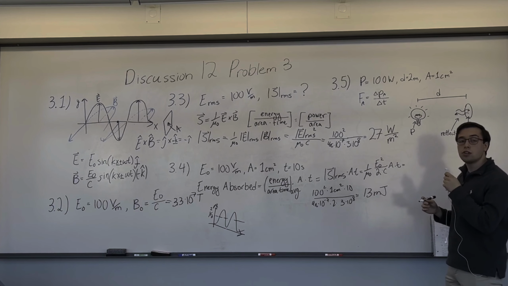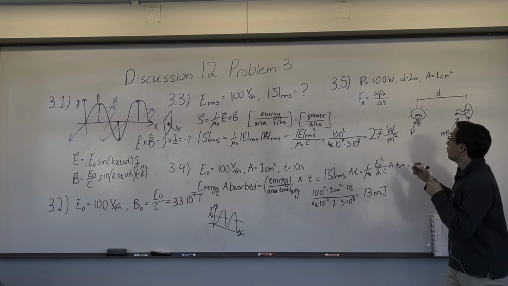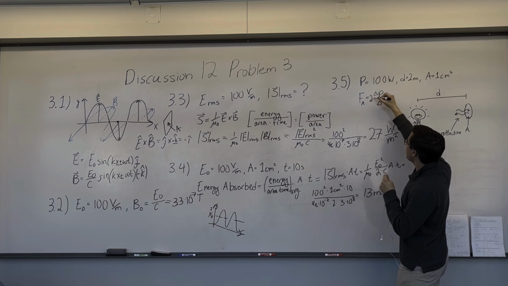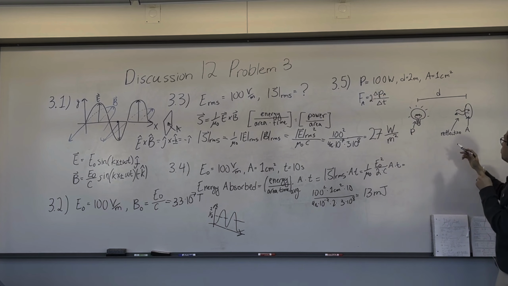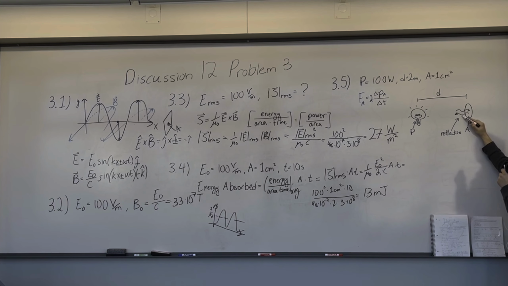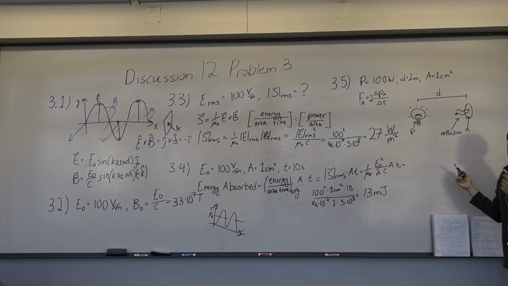And the difference is a factor of 2. So in this case, actually, the difference between the momentum coming in and coming out is 2 times whatever the momentum coming in is, because we're essentially having an equal and opposite momentum after reflection.